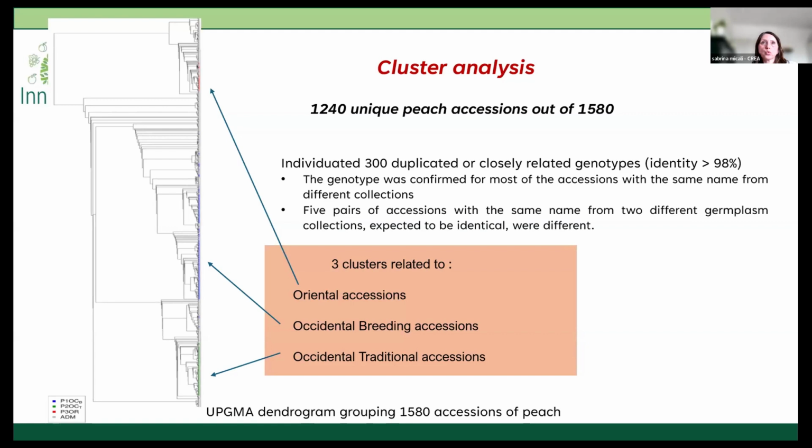In the plot here, you see the dendrogram. Of course, you are not supposed to look at it in detail, but just to have the whole picture, where 3 clusters were grouped: the red one, the oriental accessions coming from the Chinese collection, and the other 2 were from occidental accessions, but were also divided into accessions coming from modern breeding and those that were traditional accessions.